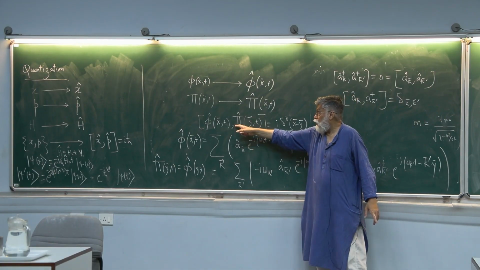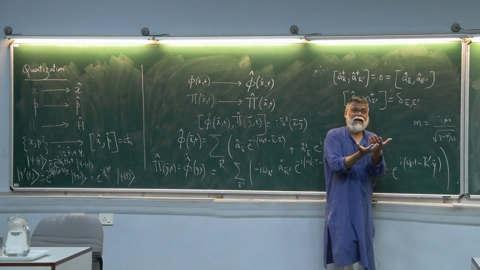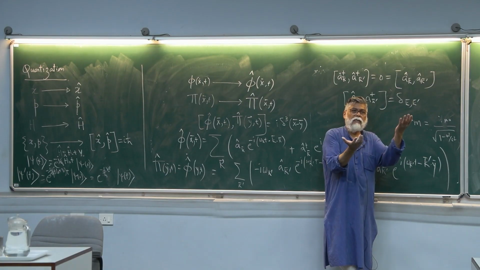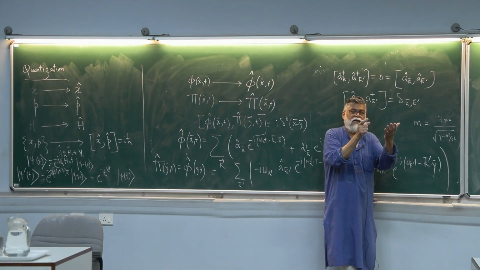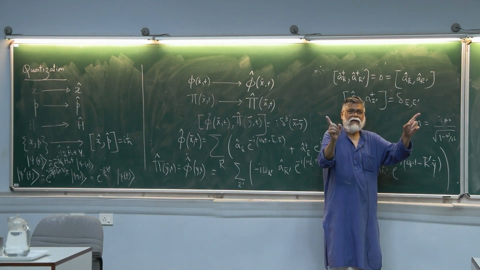So although I have formulated it at equal time, you can make it more relativistically covariant. You can say it may not be equal time; you can say that the microcausality imposition is that the commutator of phi at event x mu with momentum pi at event y mu is 0 if x mu and y mu are space-like separated.